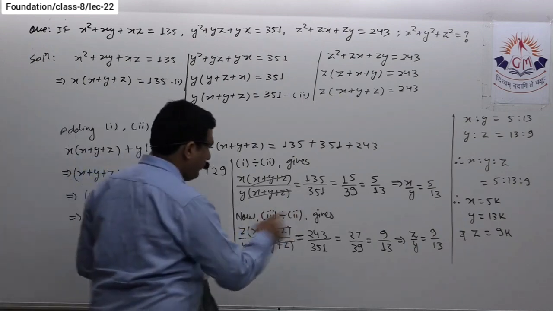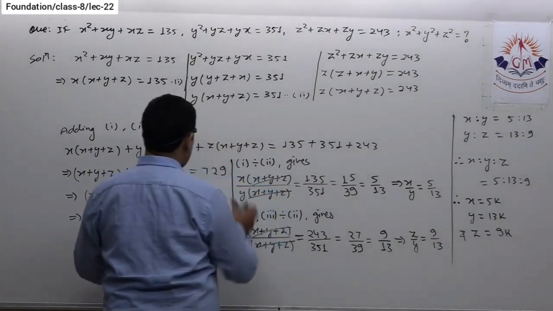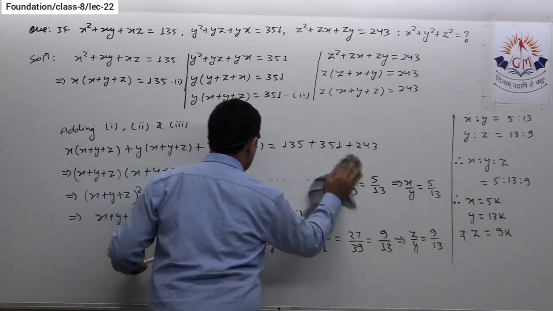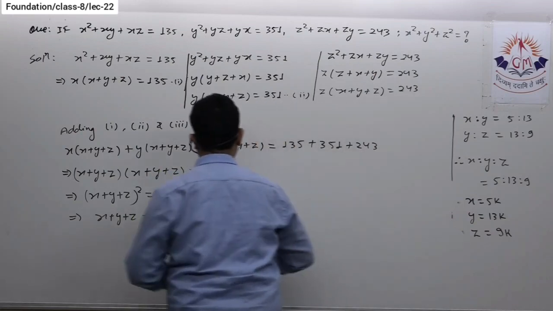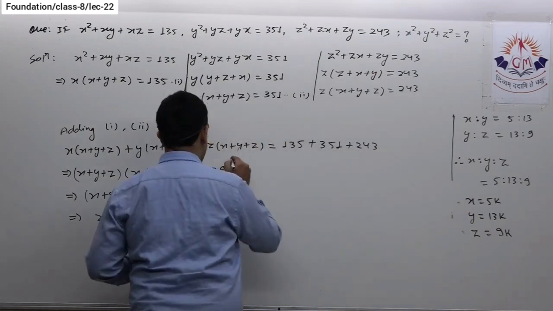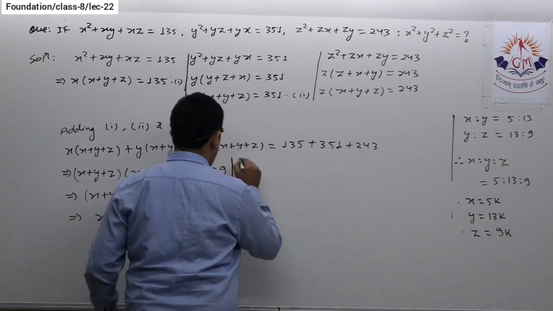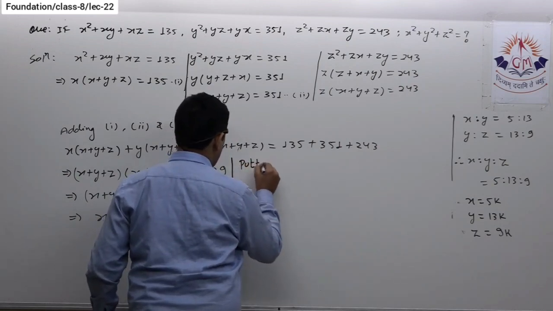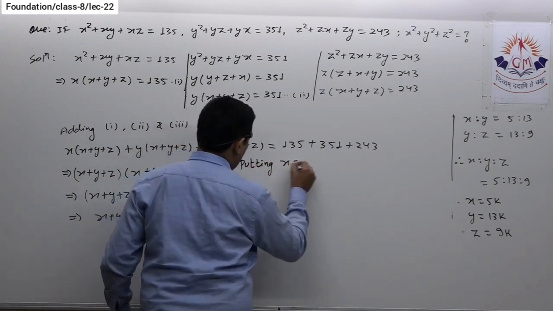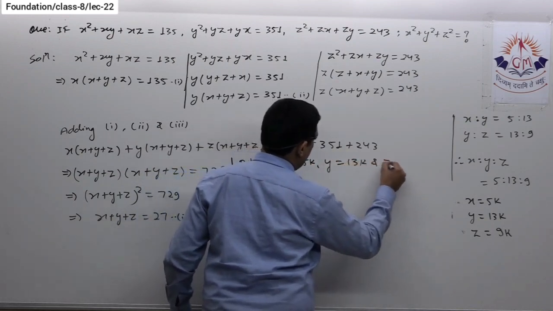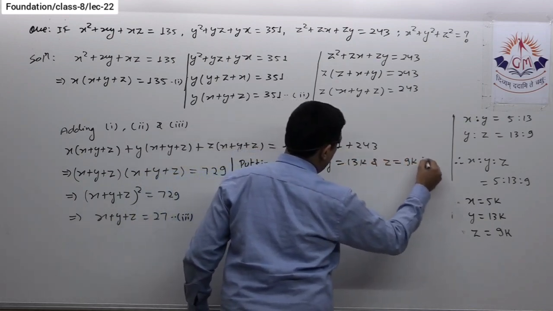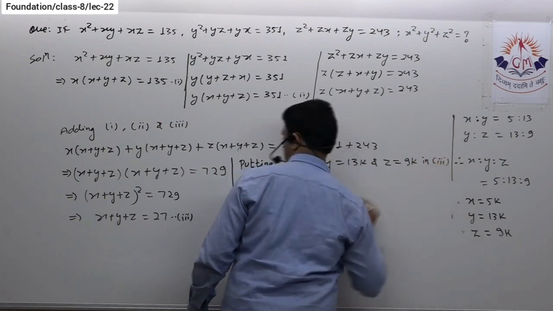So now we'll put values of x, y, z in equation number 3. Putting x equal to 5k, y equal to 13k and z is equal to 9k in third.